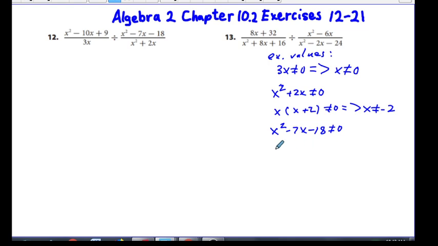So how do we factor that? Well, the factor for that will definitely have x and x. And then we ask the question, what multiplied together equals negative 18, but added together equals negative 7? Will that be 9 and 2? Yeah, I think that's 9 and 2, isn't it? Let's look at this 9 and 2.